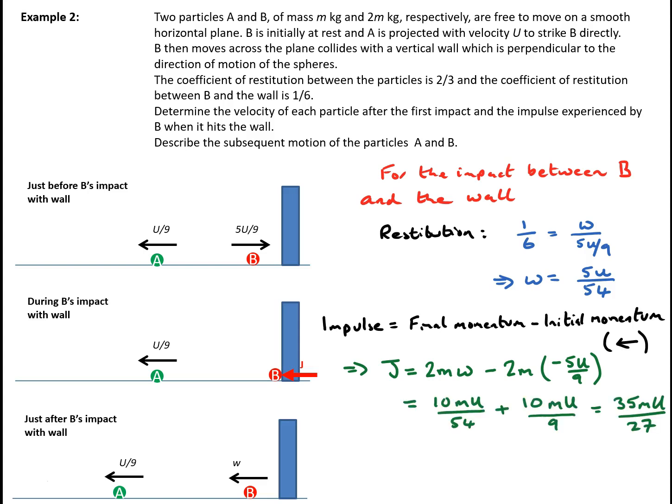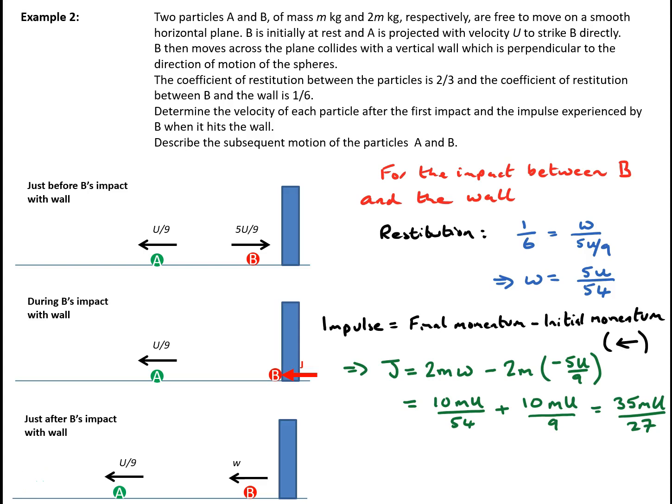And that altogether gives me 10mu/54, because I know that W is 5u/54, plus 10mu/9, which altogether gives me 35mu divided by 27.